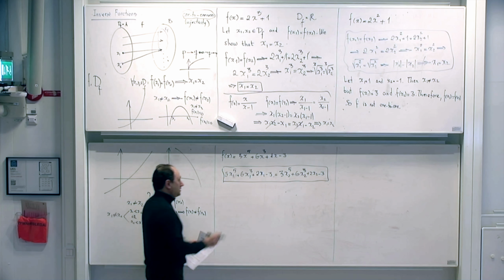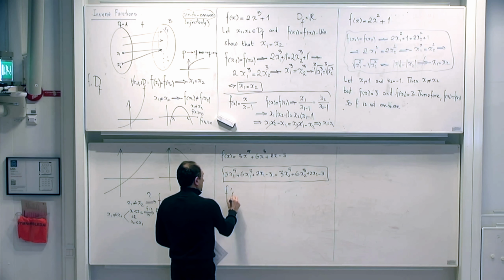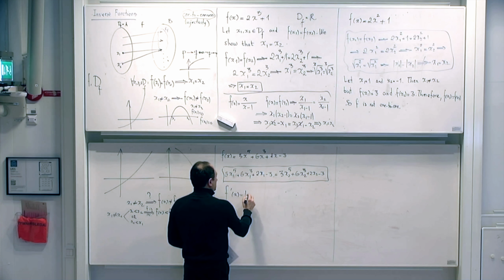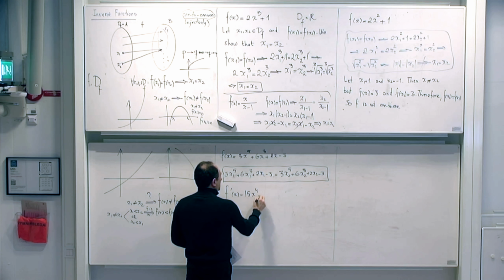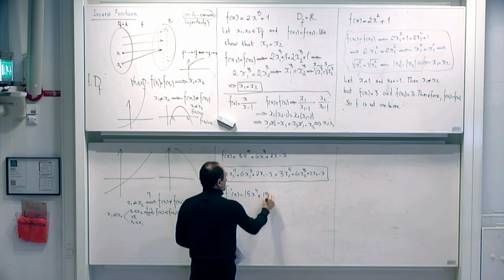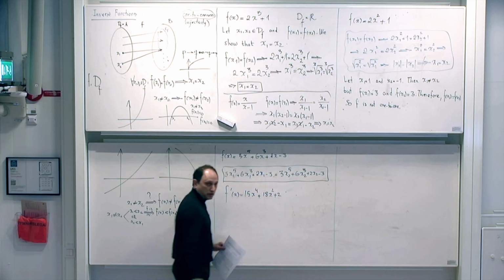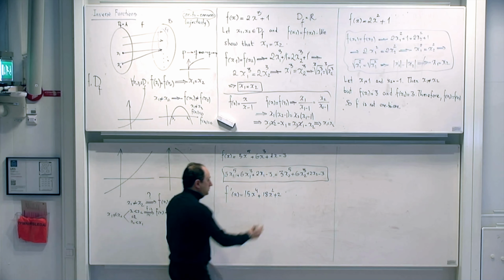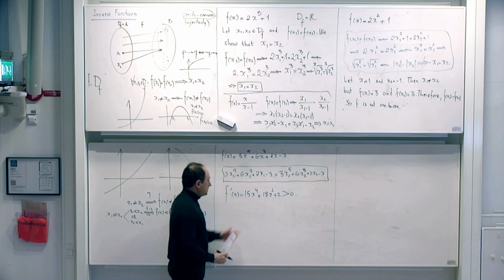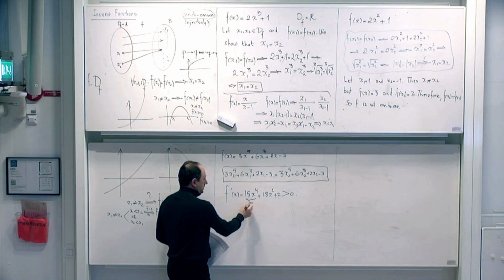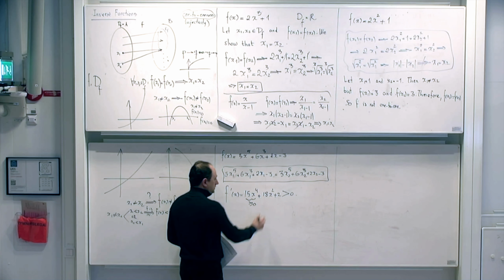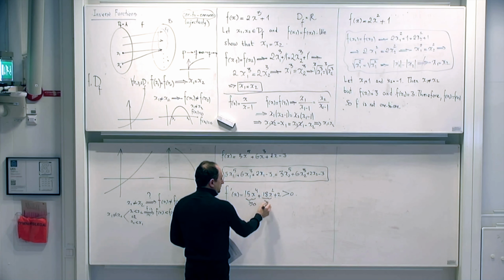You just take the derivative of this function. The derivative becomes 15x to the power 4 plus 18x to the power 2 plus 2. And this is strictly positive, do you agree? Because x to the power 4 is even, so it is greater than or equal to 0, and x squared is also greater than or equal to 0.